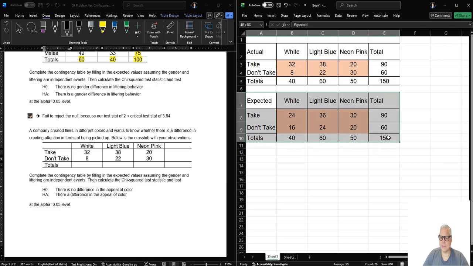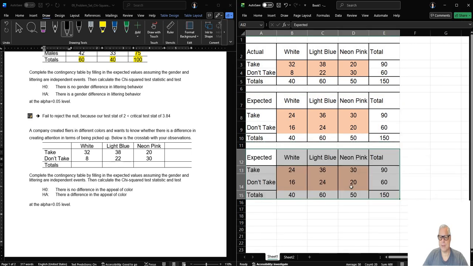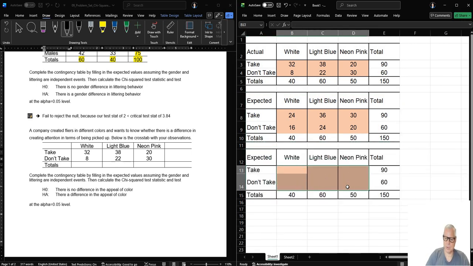Okay, so the final step is that we take our cross tab again, and copy it underneath, and now we create again the chi-squared. Let's just do it like this.